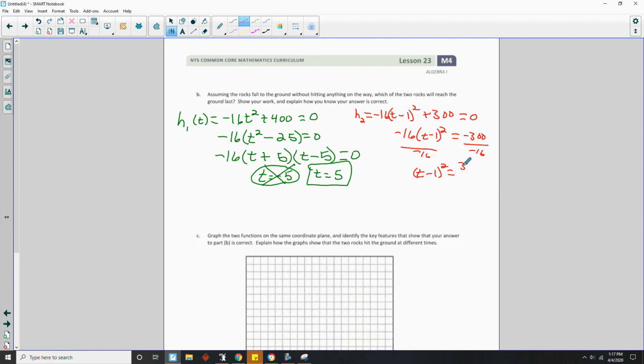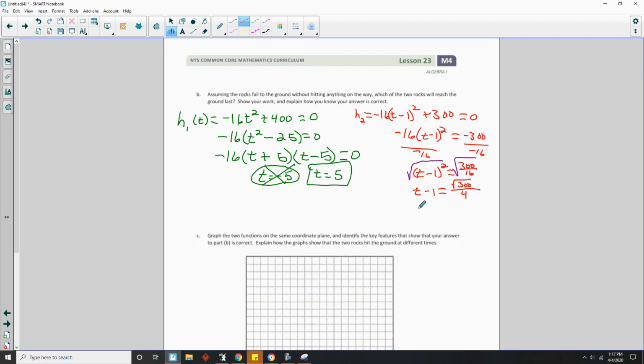So 300 over 16. Okay, so now I'm going to take the square root of both sides to get rid of this squared. So when I take the square root of this, I just simply get t minus 1, the square root of a square. And the square root of 300 I'll just leave as the square root of 300 divided by the square root of 16, which is 4.